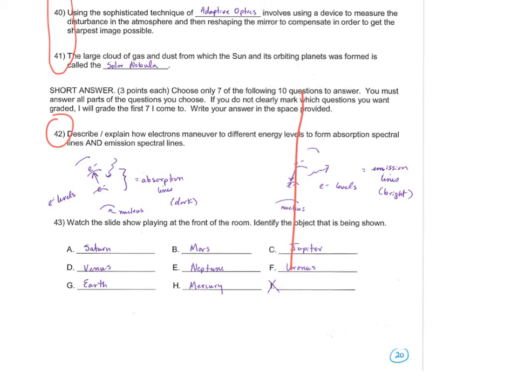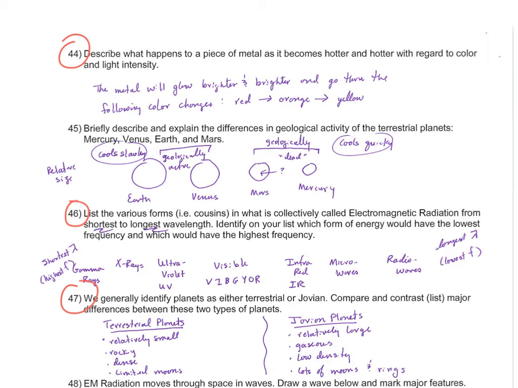And the one with 42 might, to show how we make spectral lines. And then on the last page, I picked 3 more. So these might: 44, question 46, and question 47. So be prepared for those. Or take your chances. But I would look at those.